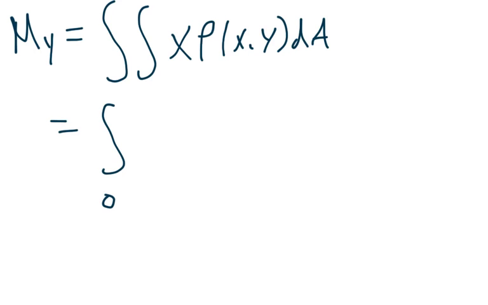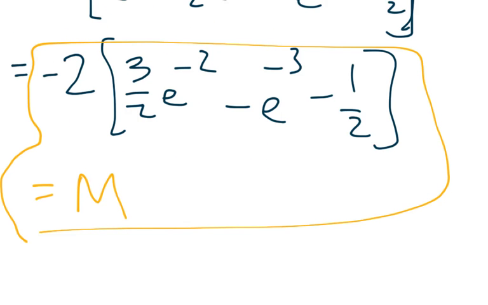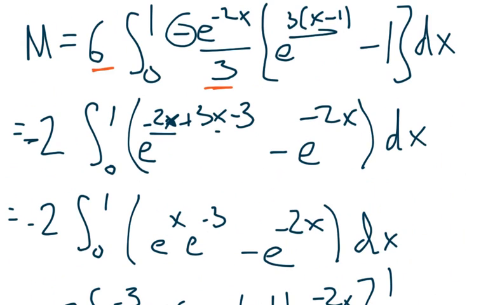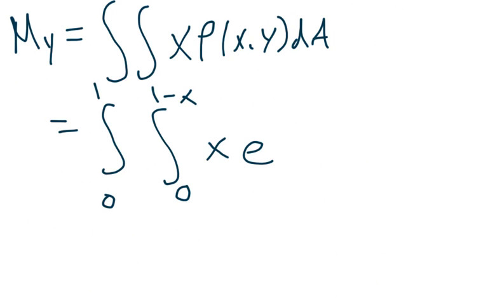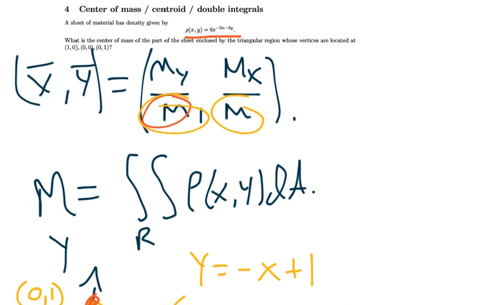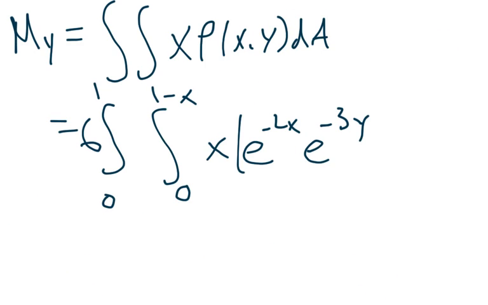If I keep my same balance, I'm going to go 0 to 1, 0 to 1 minus x, x, e to the, what did I have? Times 6 e to the minus 2x, so I'm going to bring the 6 out front, e to the minus 2x, e to the minus 3y, right? That's what I had, e to the minus 3y, and then this is going to be dy dx.